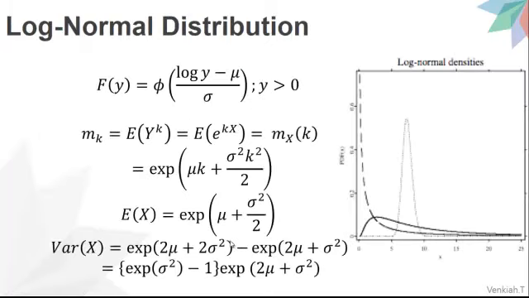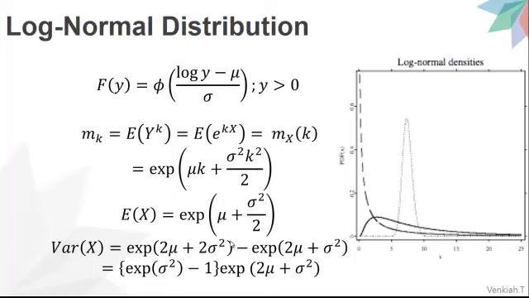Where phi is the standard normal, you find the moment generating function M_k of y power k. Since y is e power x, you get e power kx, which is equal to the moment generating function of x with respect to k.